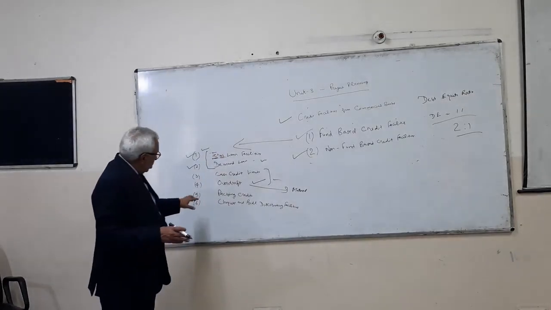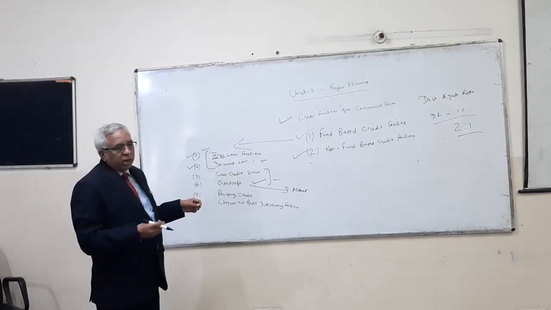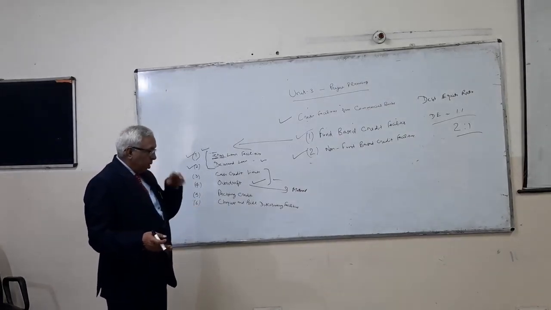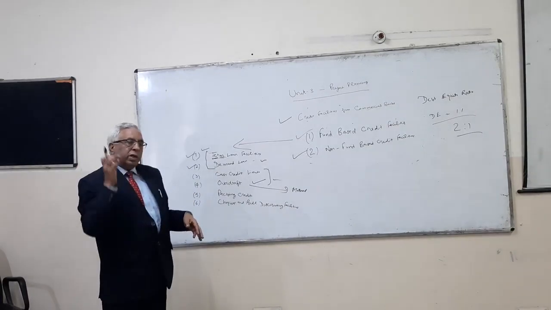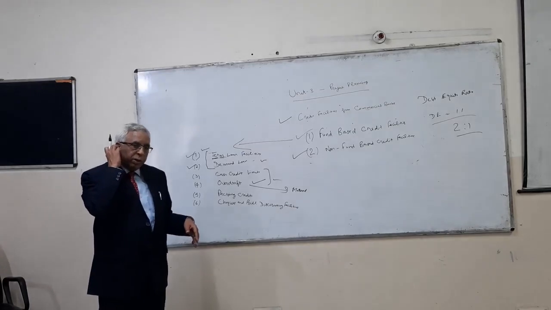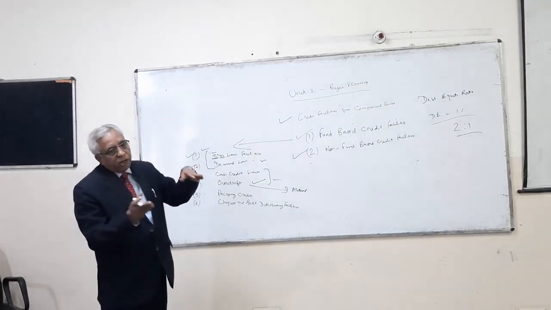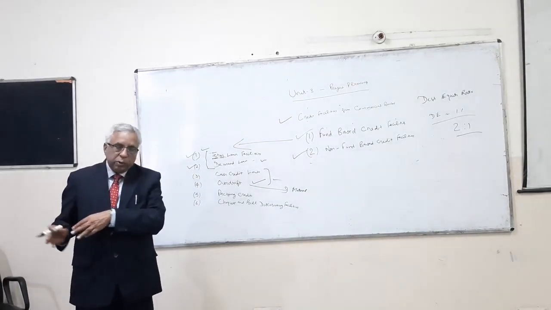And when the check is presented on due date, the amount is credited to the bank account and the rest to you. Same way, if the bill is drawn for a long-term period, it can be discounted. The bank will purchase it, pay from their own resources, and later when they receive from the customers, the amount will be credited to this account and the rest will be transferred to your account.